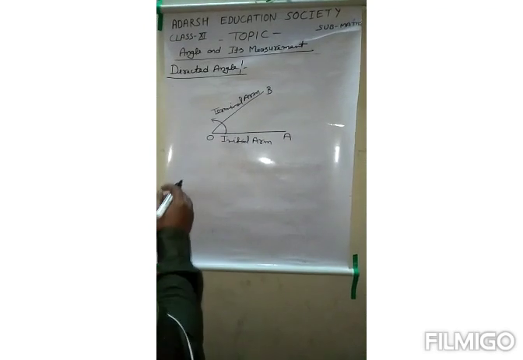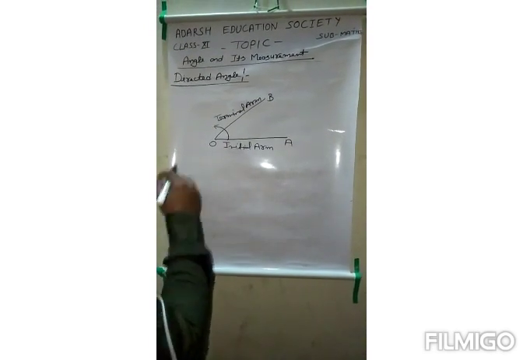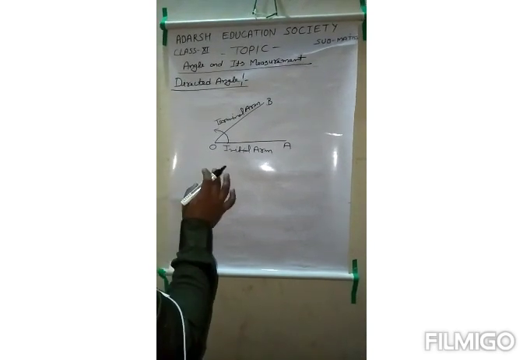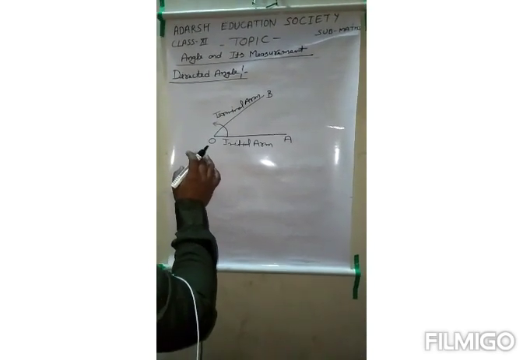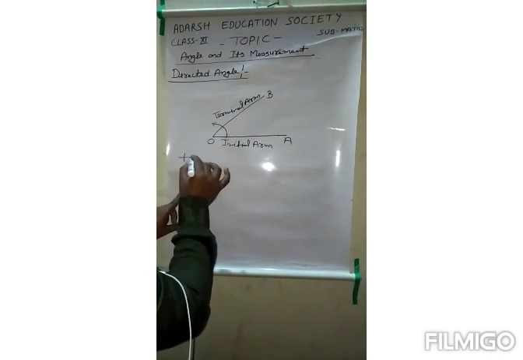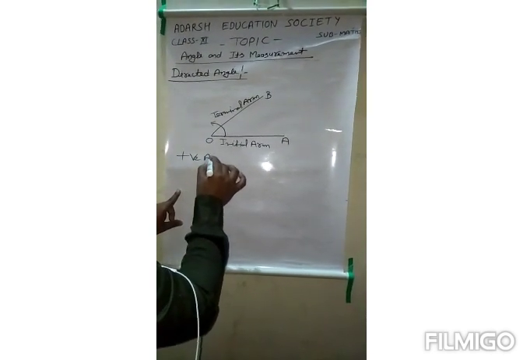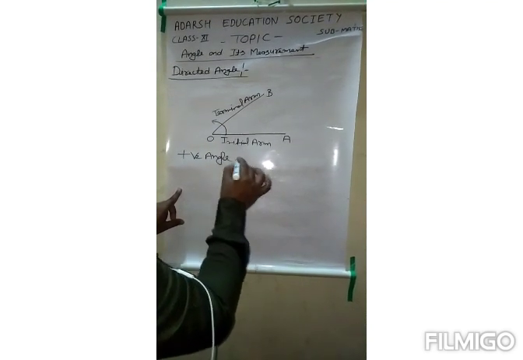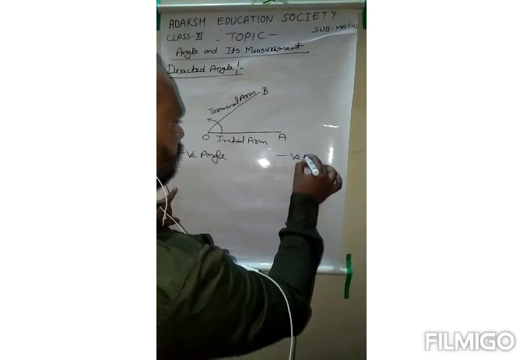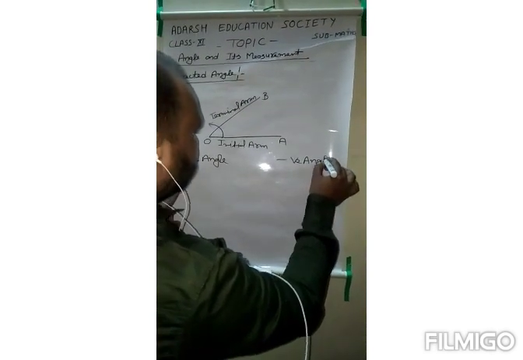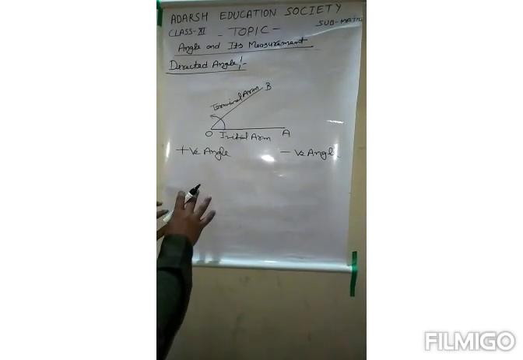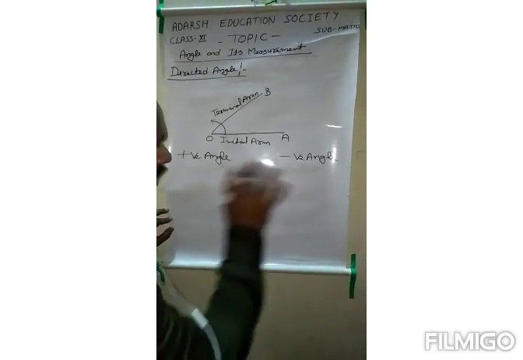Now as you know, the angle totally depends upon the sense of rotation, so on the basis of sense of rotation the angles are divided into two parts. One is called positive angle and another one is called negative angle. Let us try to understand the concept of positive angle and negative angle.